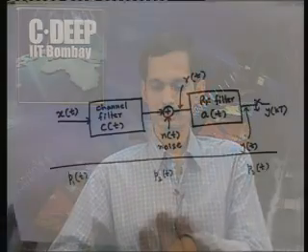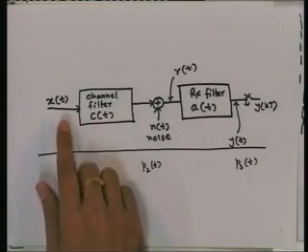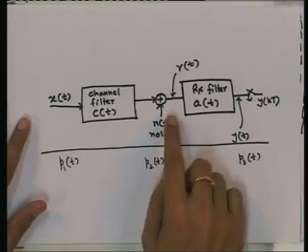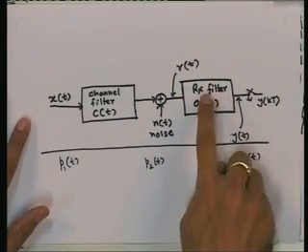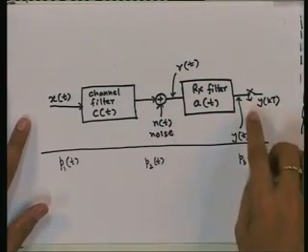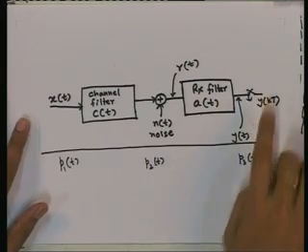In this diagram, x(t) is the transmitted signal, then there is the channel and noise, and r(t) is the signal received at the receiver. This goes to the receiver filter a(t), the output is called y(t), and this is sampled every capital T seconds.